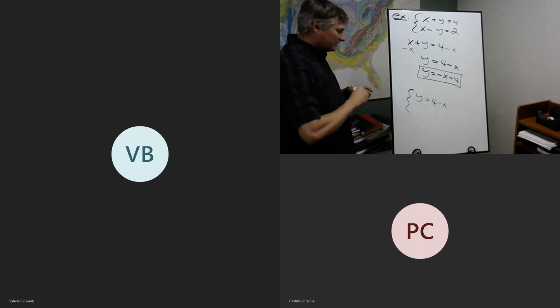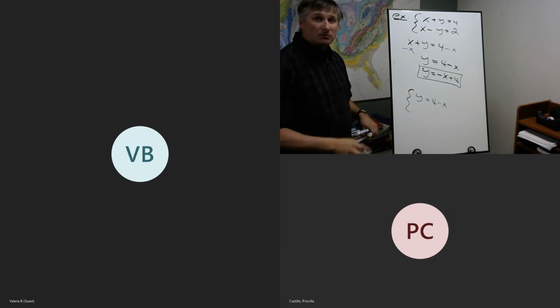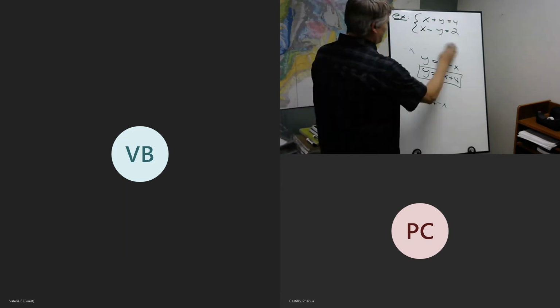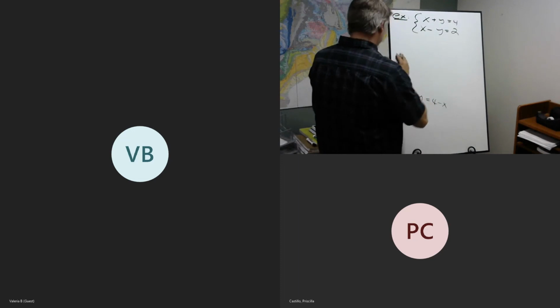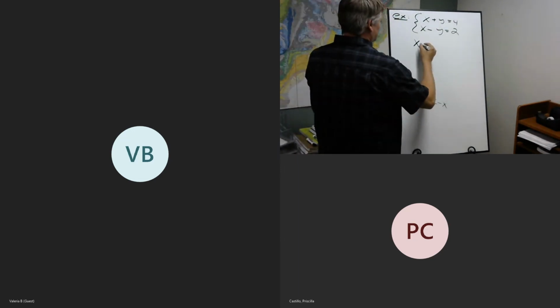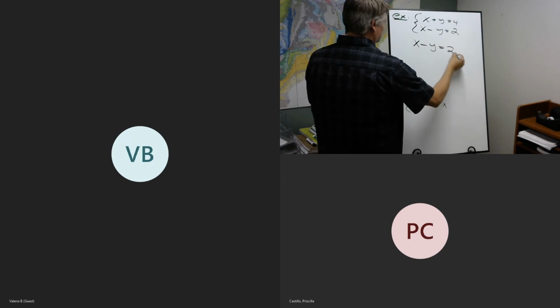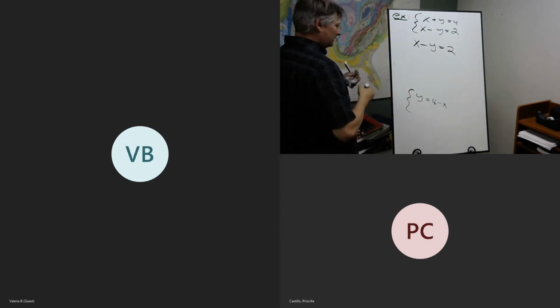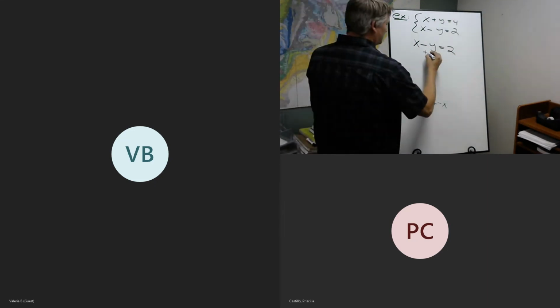Sort of construct the system where y has been solved for. Add 2y to both sides.